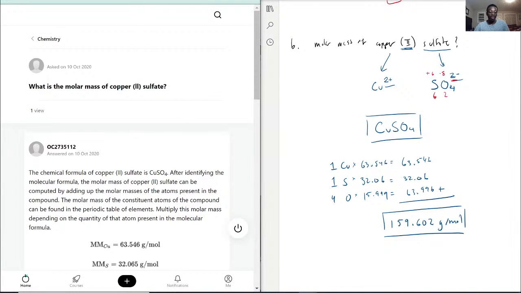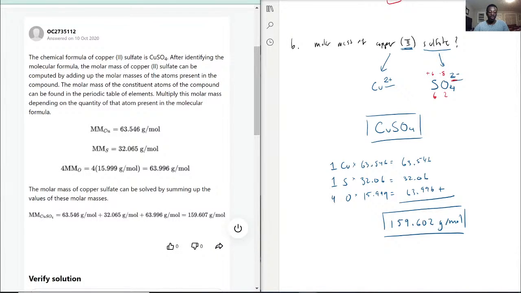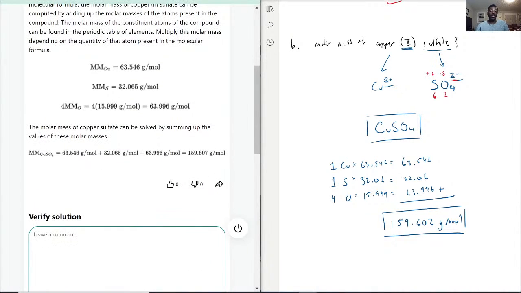So with that, that should be the answer here as well, 159.607. They got a slightly different answer because, as you can see here, their sulfur is 32.065 instead of 32.06. So they are using a slightly different periodic table, which is fine, as long as the answer stays really close to your answer.